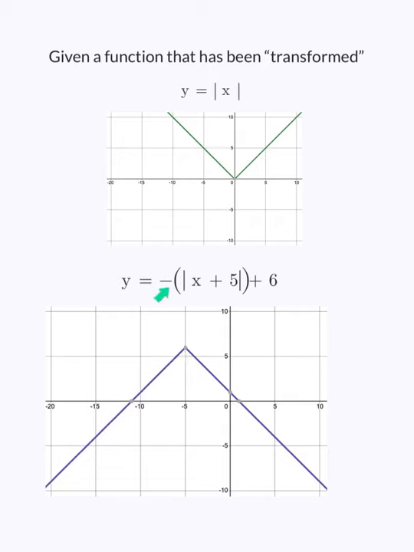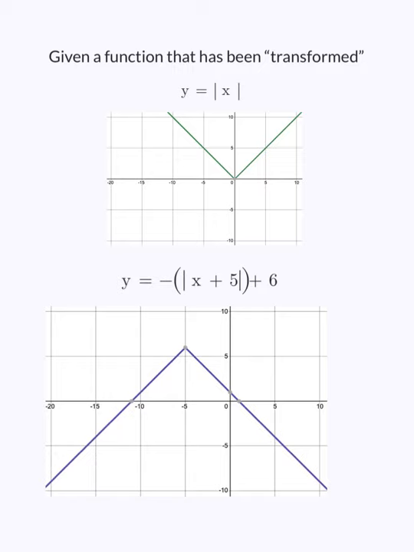That's my negative sign on the outside, or my x-axis reflection. Instead of having a point at 0, 0, my point here has moved over to the left 5 units, which is where this comes from. This +5 has made my function move to the left 5 units. And then my point is also up 6 units, which I can see right here.